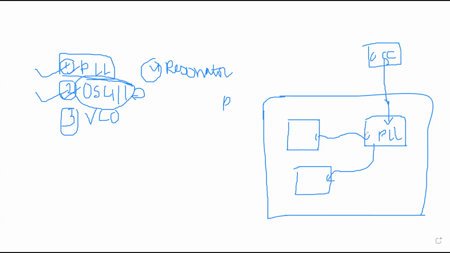If the source of the clock is a single PLL, let's suppose this is clock A and this is clock B, and the source of both clocks is a single PLL, then we say that type of clocks are synchronous clocks.